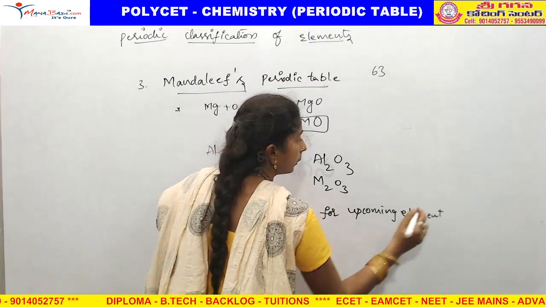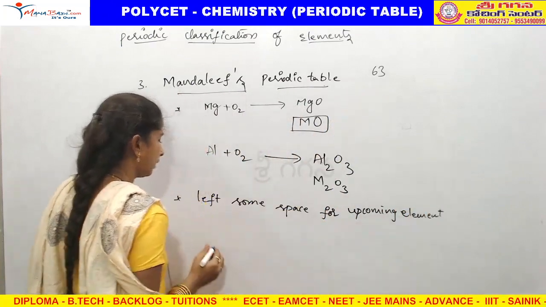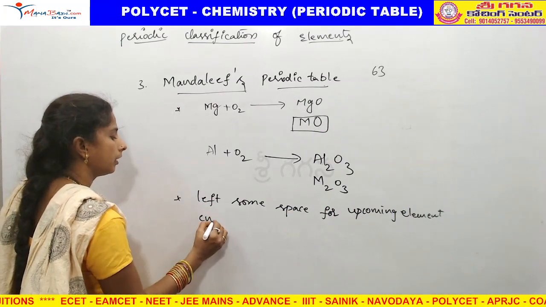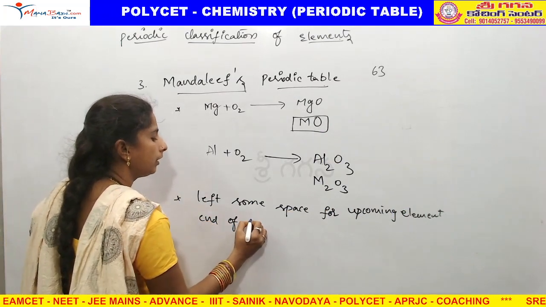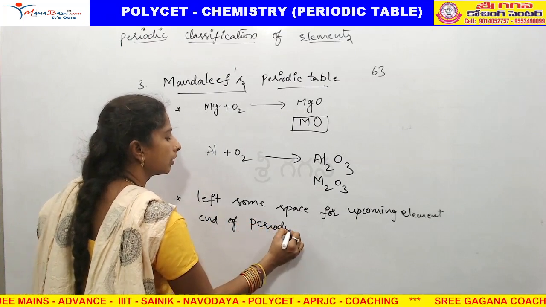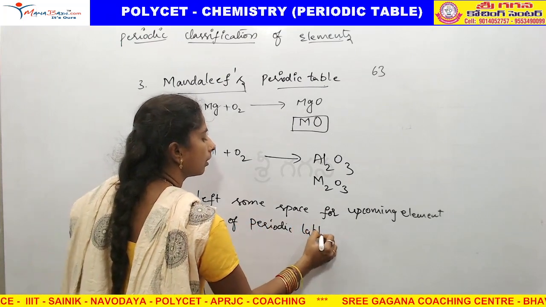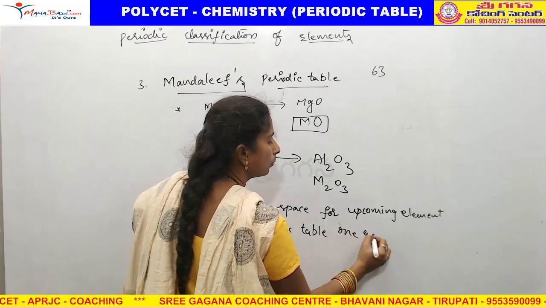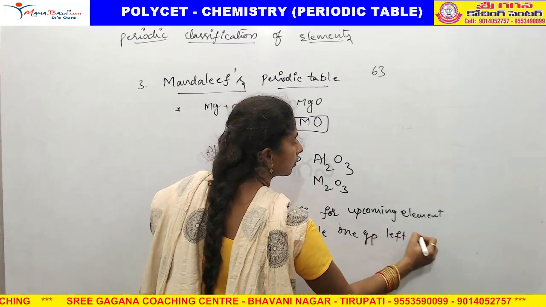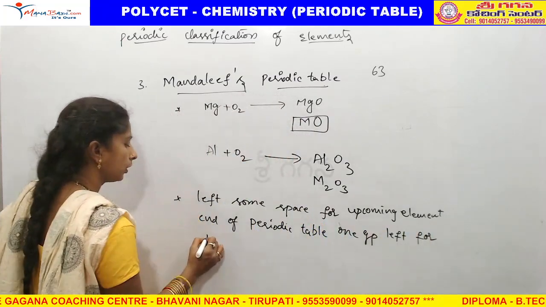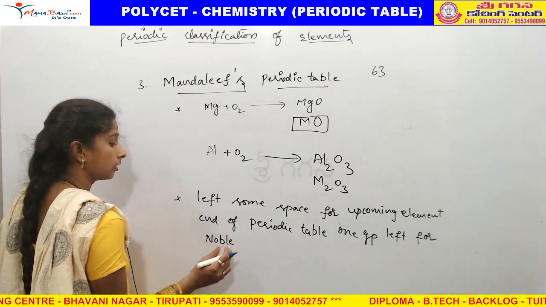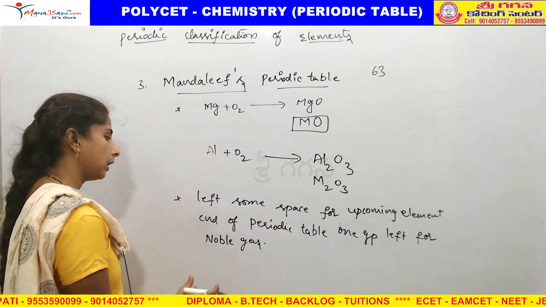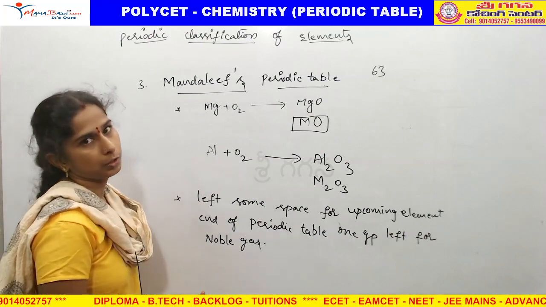And at the last group, at the end of the periodic table, one group was left for noble gases, because noble gases were not discovered at that time, but he left one group for noble gases.